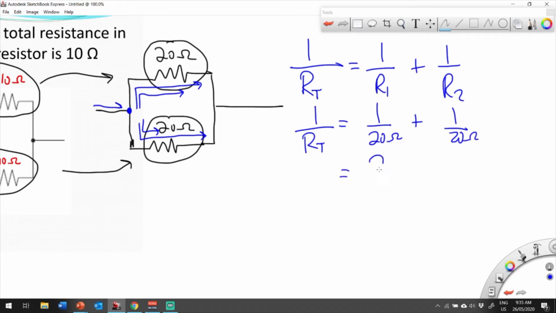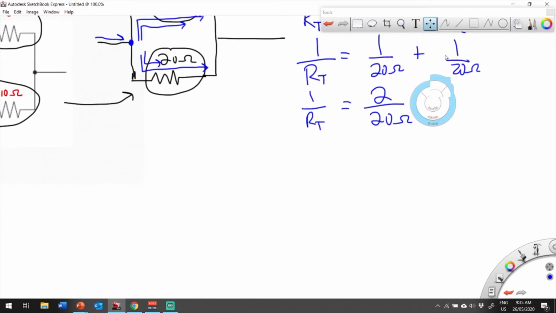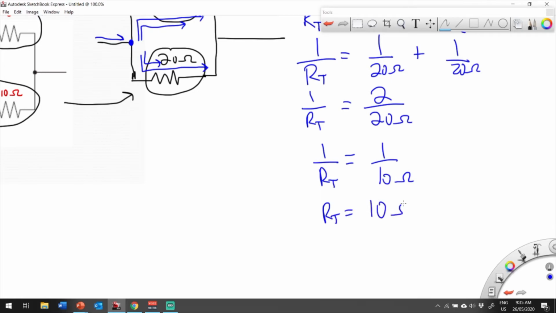Carrying this out, this will become 2 over 20 ohms. This is 1 over total resistance. Simplifying that fraction, we get 1 over total resistance is equal to 1 over 10 ohms. And then we can flip this, so total resistance is going to be 10 ohms. There we go. There's my total resistance.